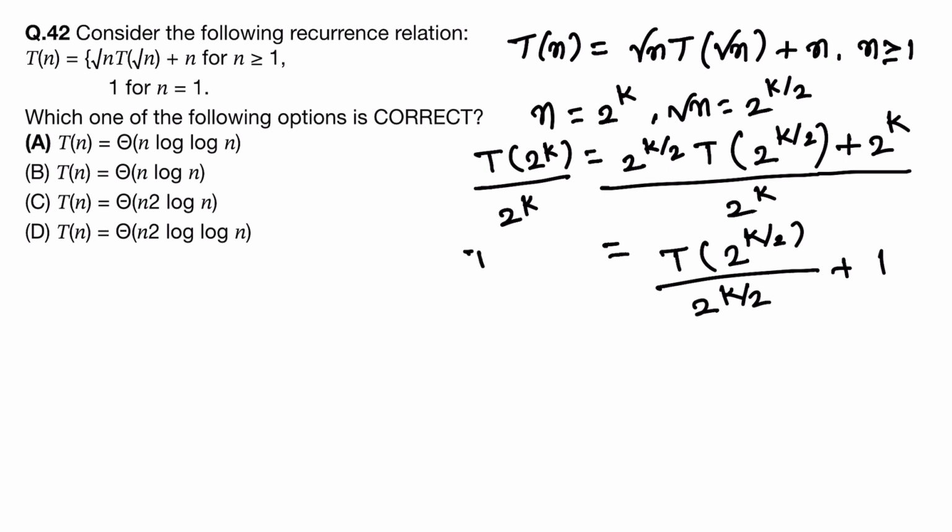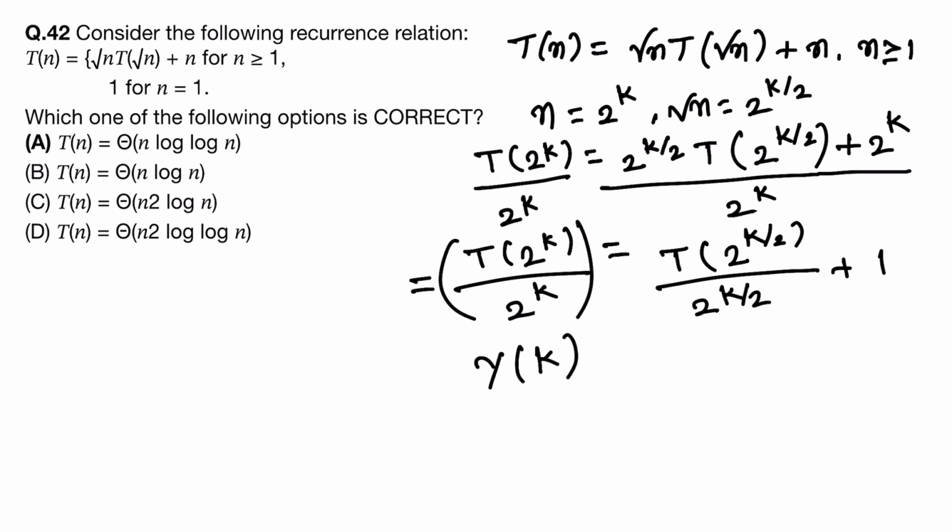The other side will be T of 2 to the power k divided by 2 to the power k. I take this one as y of k. So this will be y of k by 2 plus 1. So T of 2 to the power k by 2 divided by 2 to the power k by 2 will be y of k by 2.